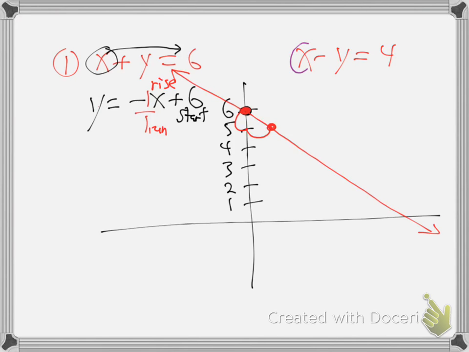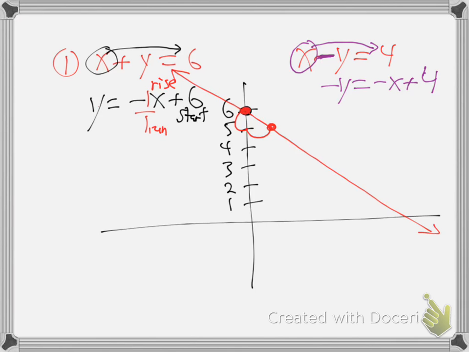So I'm going to grab this x and jump it over. Negative y is negative x minus 4. So far, I just jumped the x to the other side, and it became a negative x. Now that minus sign on the y, it's still there. So we got to get rid of that minus sign on the y.